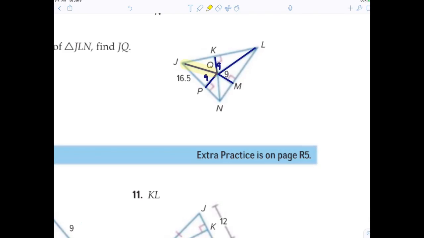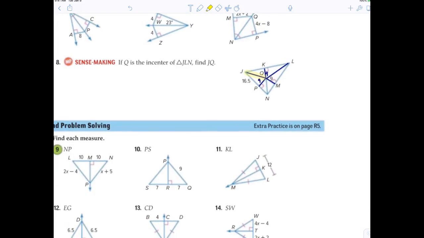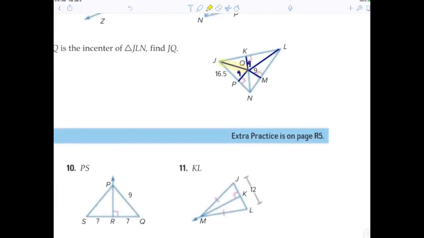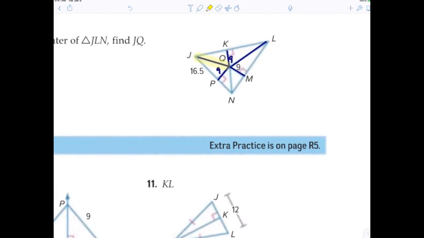All right. Does everybody see how I can find JQ? The incenter doesn't say anything about these lines being equal. Oh, that is JQ. I was thinking LQ.